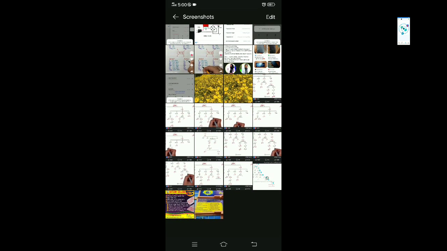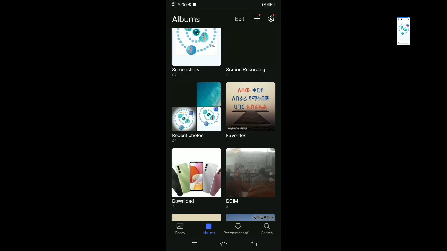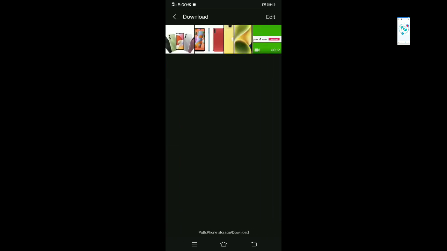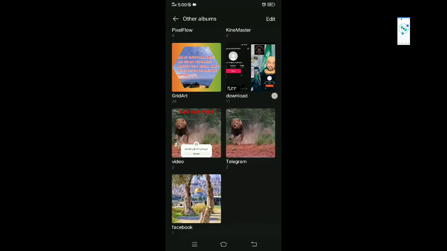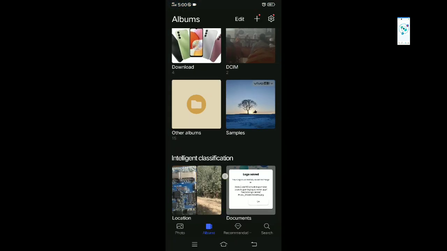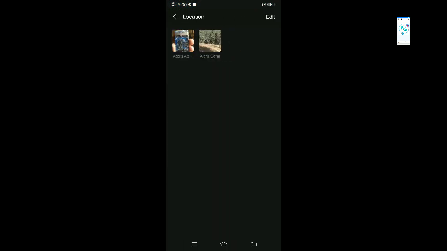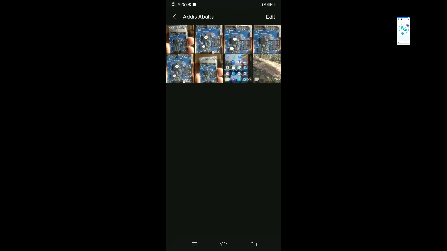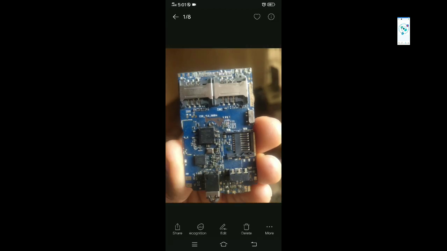For Chinese button mobiles, I will show you the network ICs. Chinese mobiles usually have three main ICs.